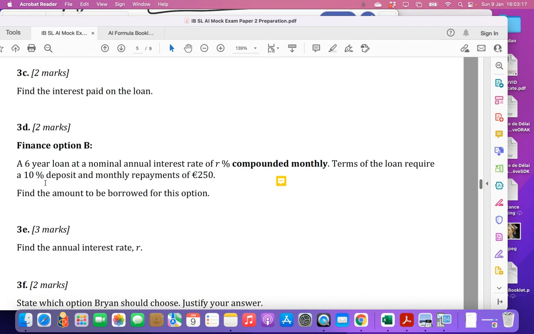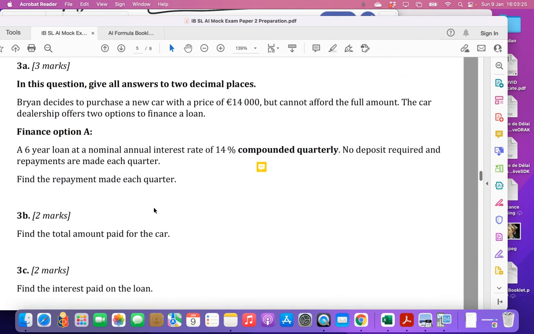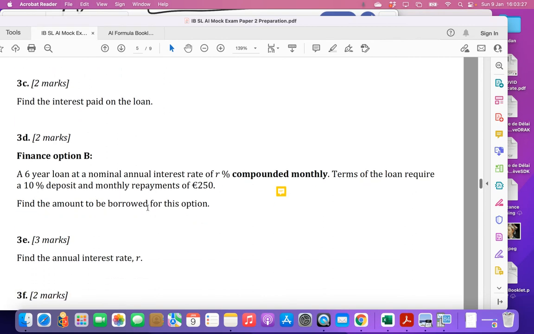10% deposit. Okay, so 10% deposit. What is 10% of 14,000? That is the total value of the loan. That makes it 1,400. So the total amount of the loan is actually going to be 14,000 minus 1,400.